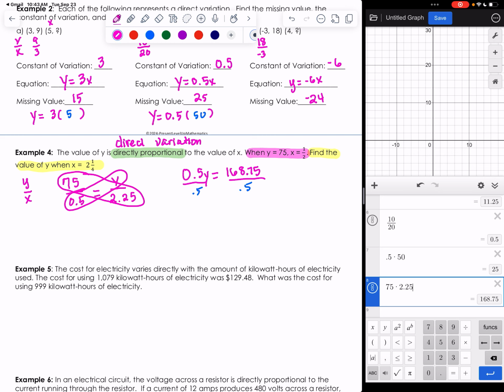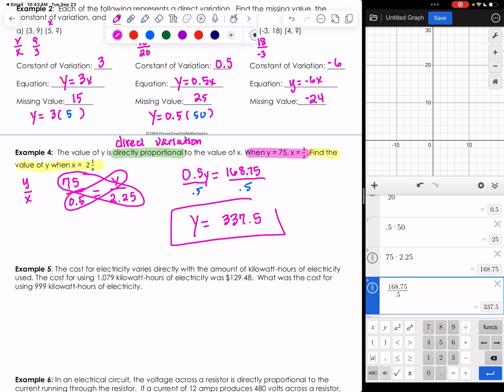So 0.5y divided by 0.5 is simply y. And then I'll come over here with my calculator, 168.75 divided by 0.5. And that's going to give me 337.5.